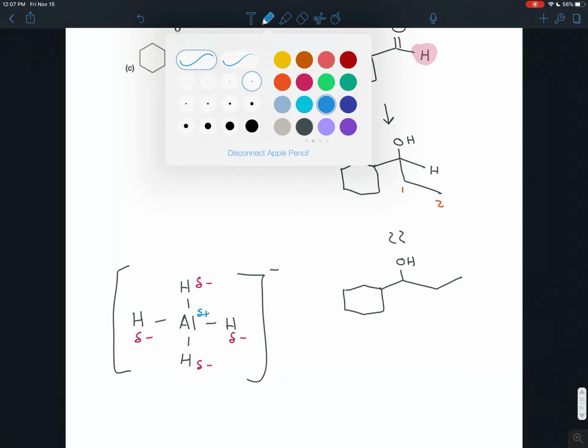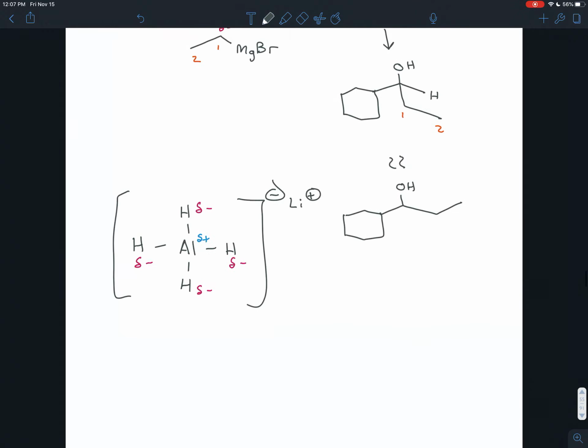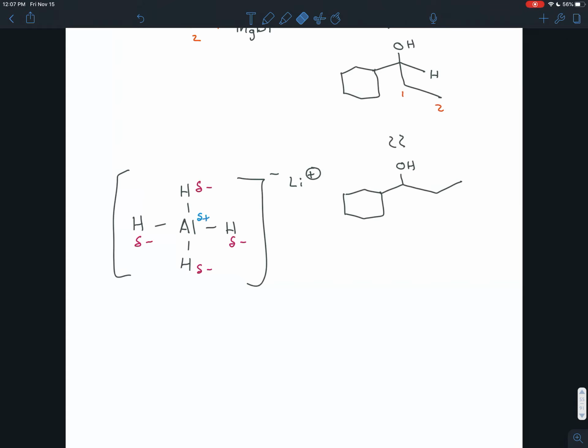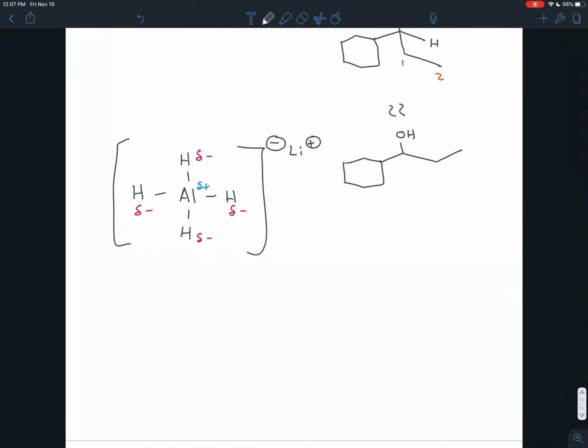The whole thing had a negative charge that was stabilized by the positive lithium. So that's lithium aluminum hydride. This was a strong reducing agent, a strong hydrogen nucleophile, because aluminum is not very electronegative, and so it gives a lot of electron density to the hydrogens.